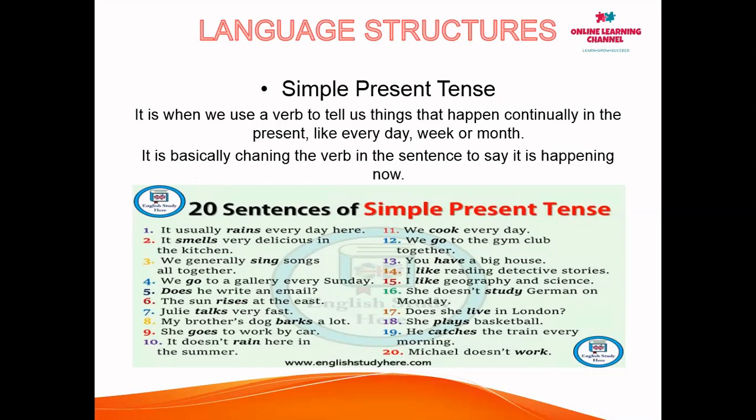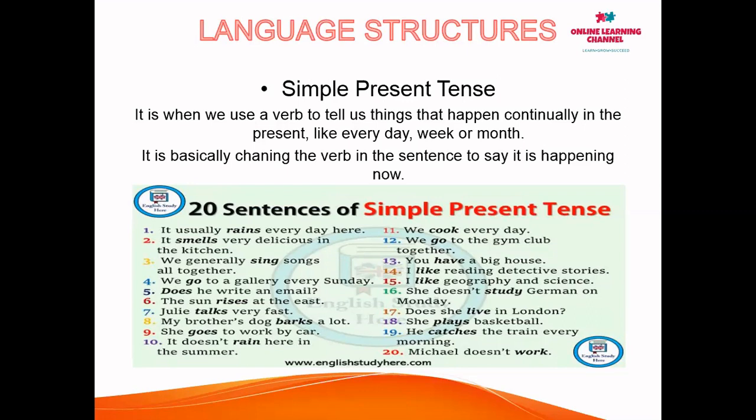Let's look at another one. Let's look at number 13. You have a big house. Have meaning you have it now with you. It's at the present. Let's take another one. Number 19. He catches the train every morning. Catches. He catches it every morning. Right? Let's go to one more example. Number 7.